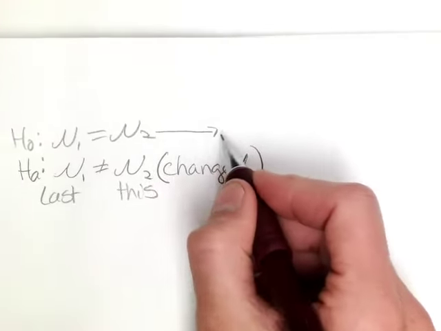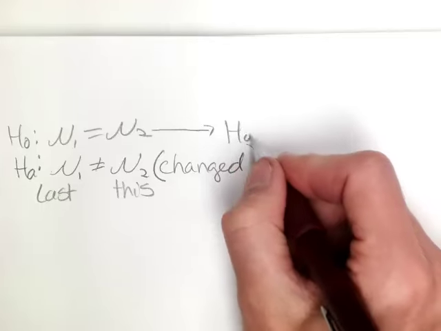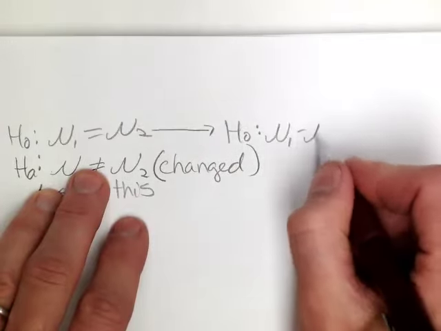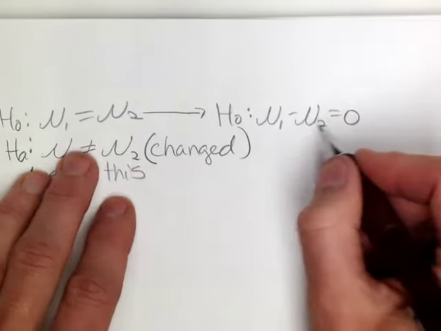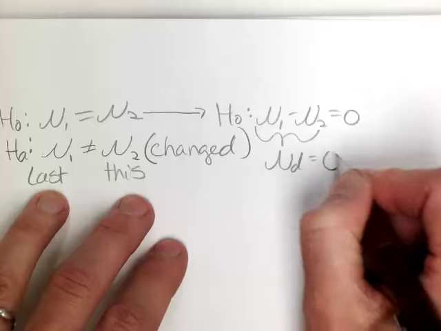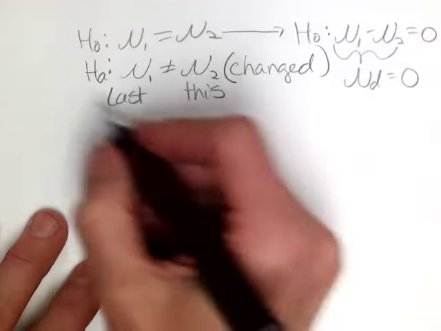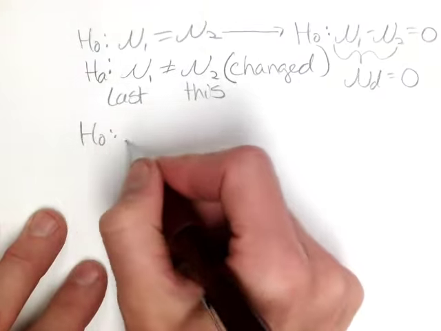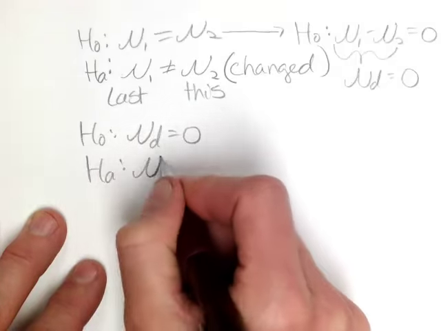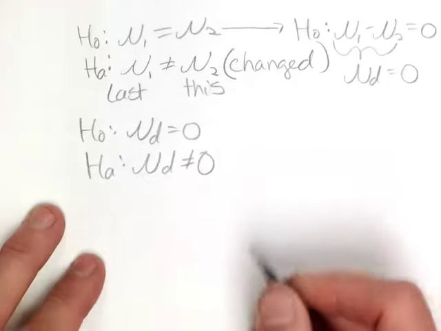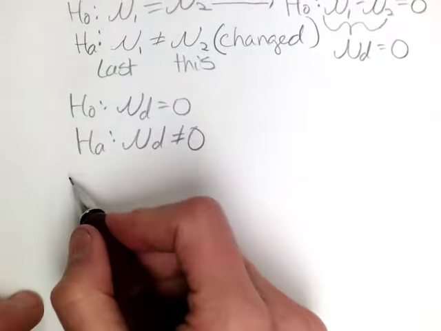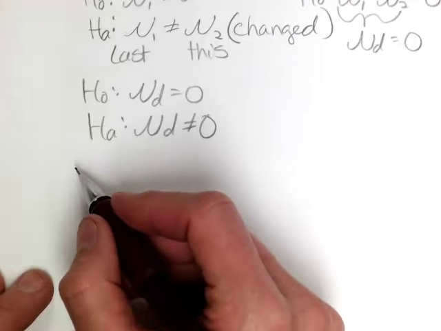So an alternative way to write this by subtraction is mu sub 1 minus mu sub 2 is equal to 0, and this is what the book calls mu sub d. So our null could be that mu sub d is equal to 0 versus mu sub d not equal to 0. Alright, so let's go ahead and get the test statistic.